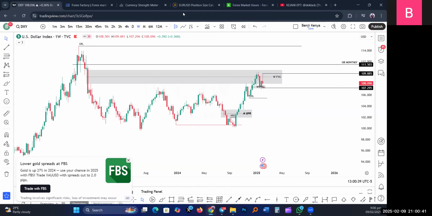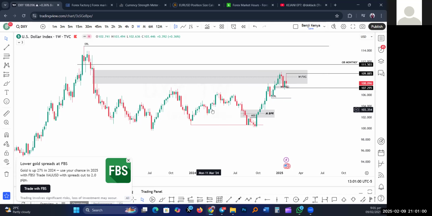Okay, other guys are seeing it. Let me check on my end. Andrew, what do you say? I can see it. Oh, you see it. Okay, what are you seeing? DXY chart. Okay, DXY weekly.